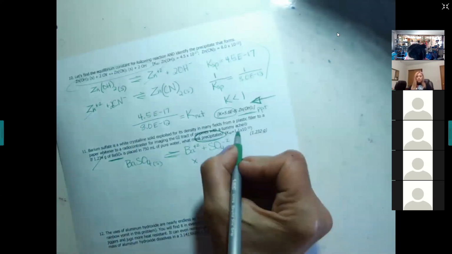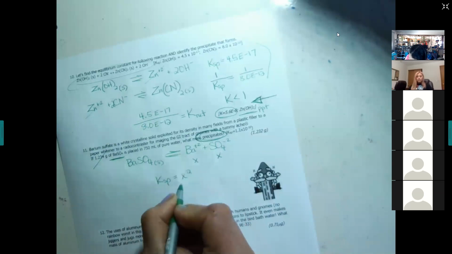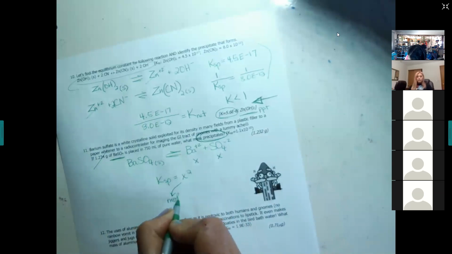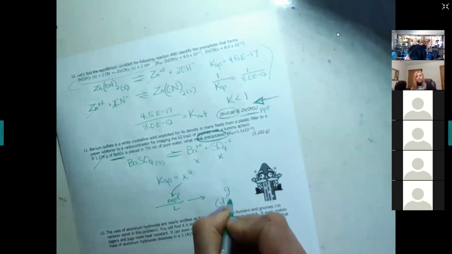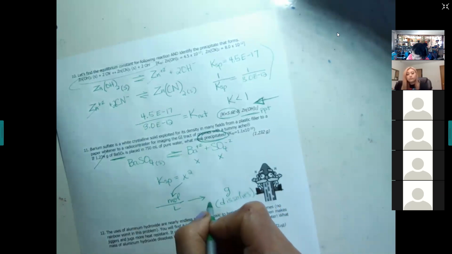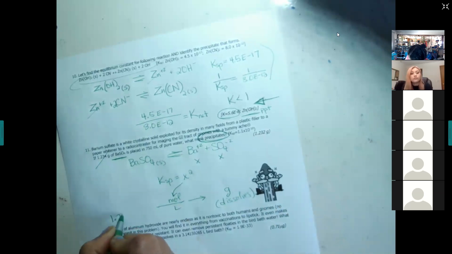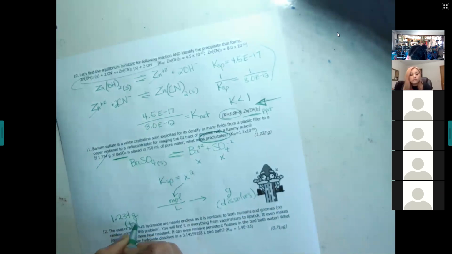The KSP tells you how much dissolves. You solve for X squared, that's moles per liter. You solve for grams. That's how much dissolves. And then you do your subtraction, your 1.234 grams. This is your total or your initial or your original minus the grams that dissolve.